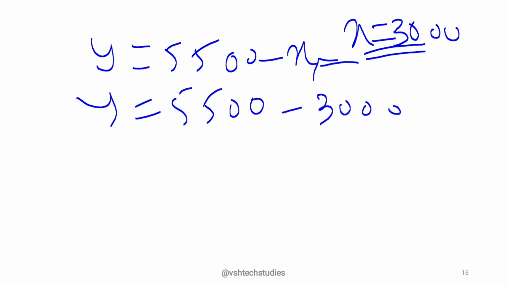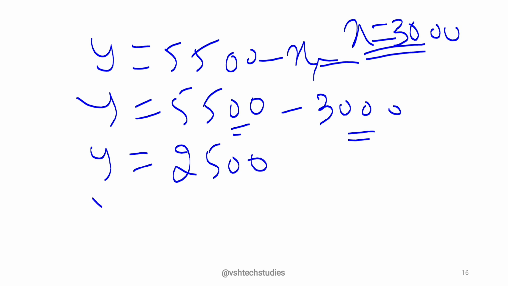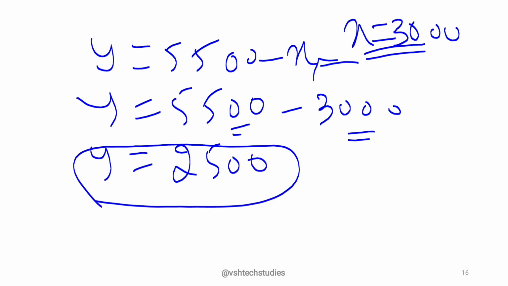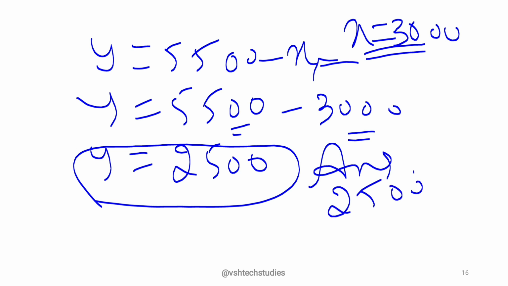So y is equal to 5500 minus 3000, which is 2500. So what is y here? The present population of females. That is what is asked in the problem. Hence the answer is 2500, the present population of females.